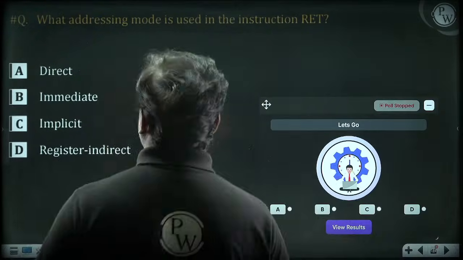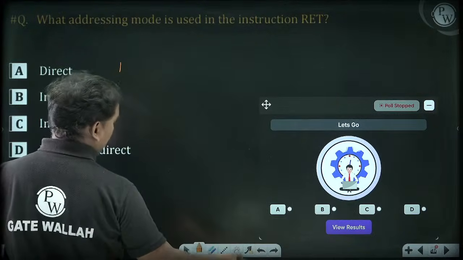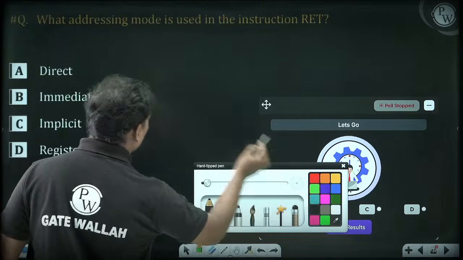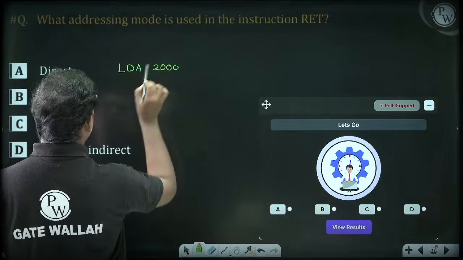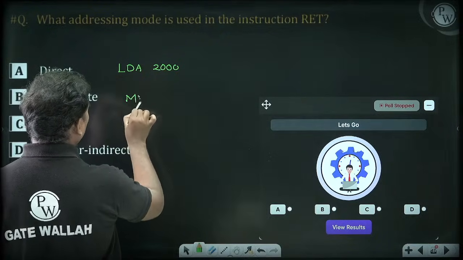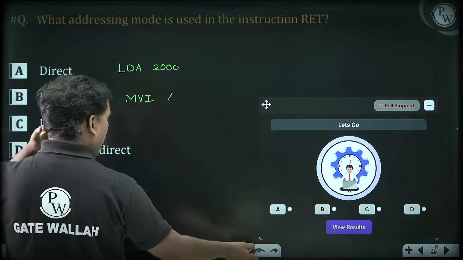So that is an implicit addressing mode. We are going to get examples like LDA. So what is the direct addressing mode? The direct addressing mode is LDA 2000H. Immediate addressing mode, move immediate, like MVI B comma 45.